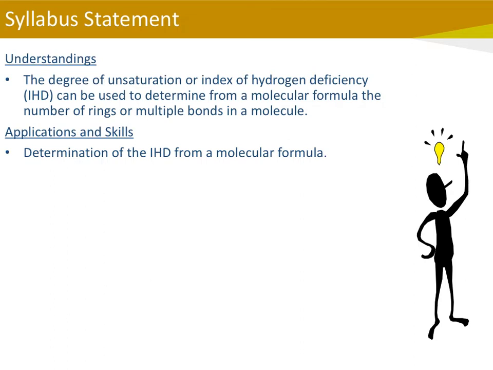Now, it's not spectroscopy specifically, but something that will be related to structural determination is called the index of hydrogen deficiency. Unfortunately, the formula for IHD is not in the data booklet, so it's something we have to memorize on some level.